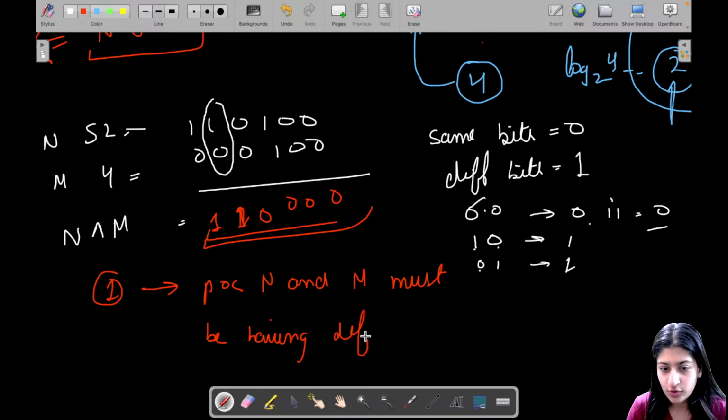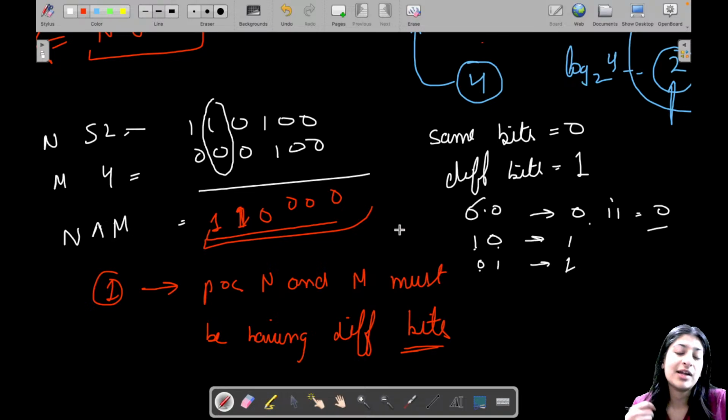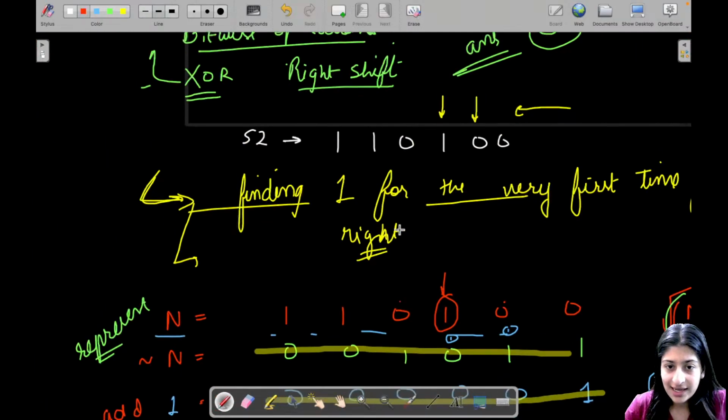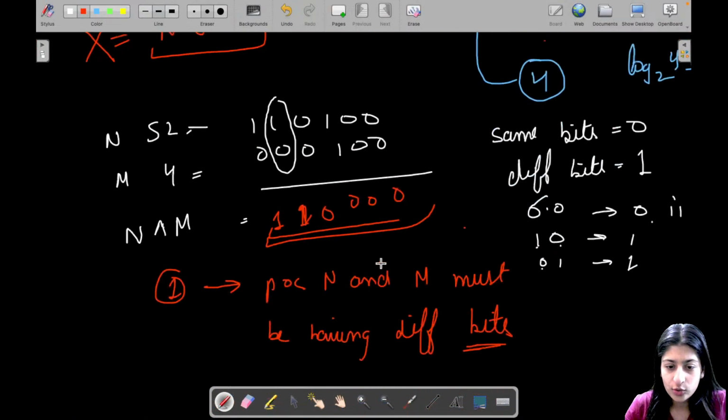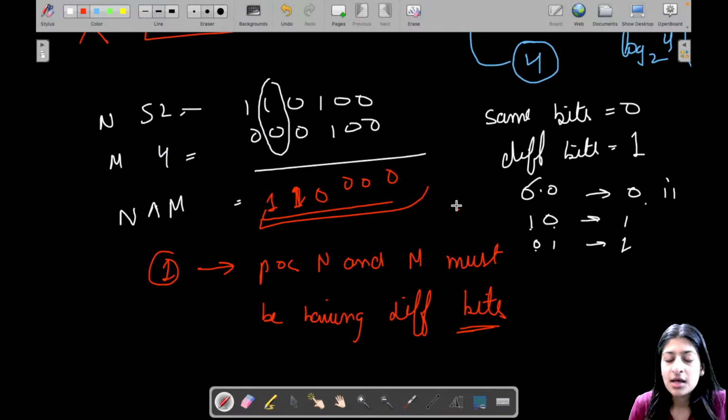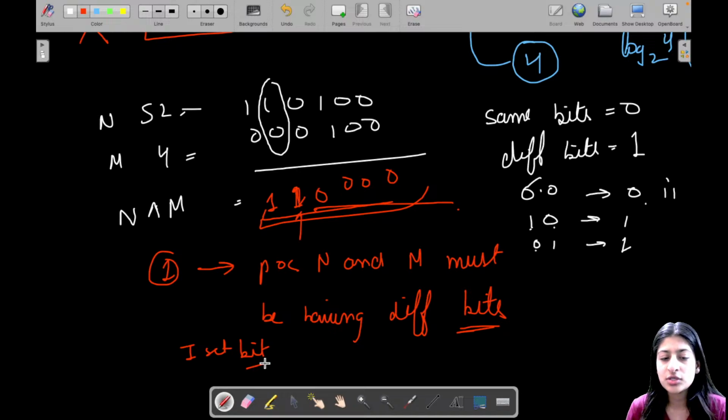So if that is the case, why not write a function like the one I just showed you, which can tell me the position from the right where I find the first set bit? When I say first set bit, that means the position at which I find a 1.